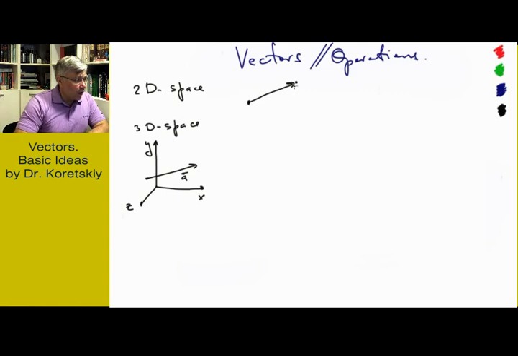All vectors, according to our school course, maybe it's new for you, I don't know, have the tail point, the origin or beginning of the vector, and the head point, a head point as a point of direction.